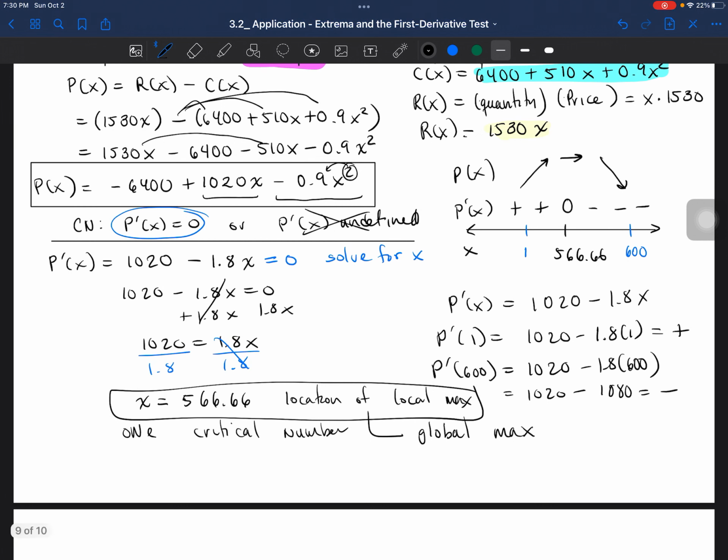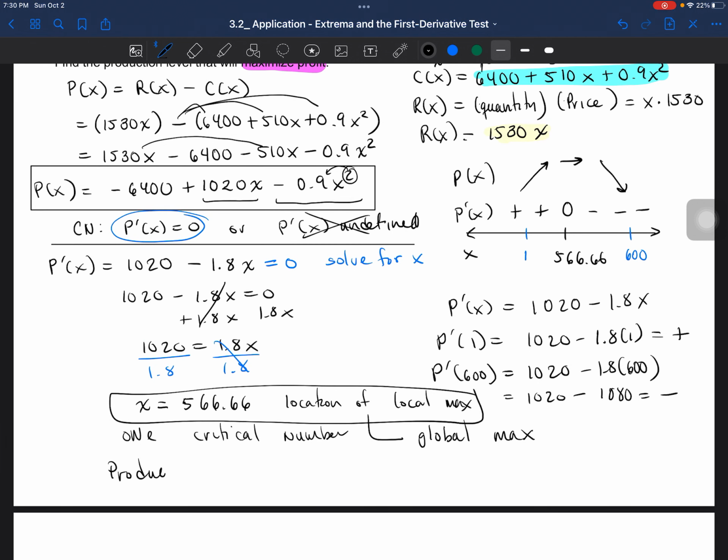So that means that we're gonna have to produce 567 items to get an absolute max, in other words, to have a maximum value of profit. All right, and there you go.